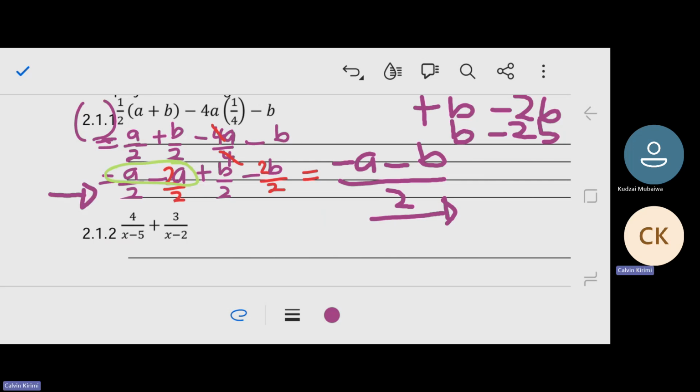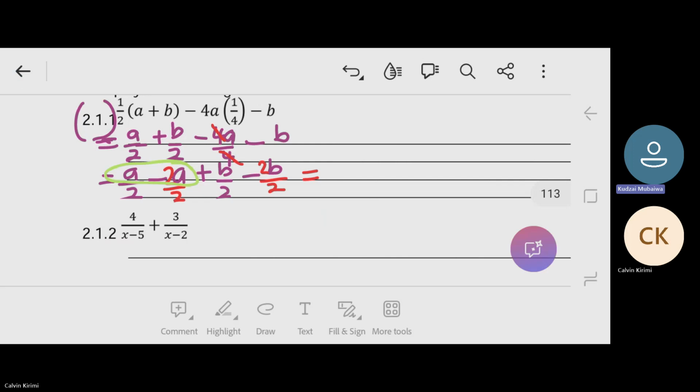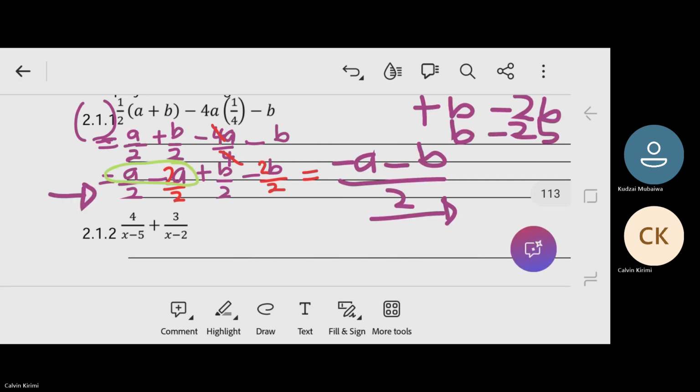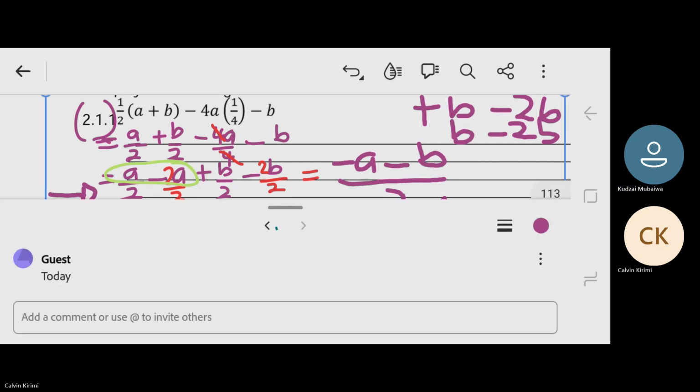Any question? So is that the final answer? That's the final answer. If you want, you can put them separately, to say minus A over 2 minus B over 2, which is still the same.